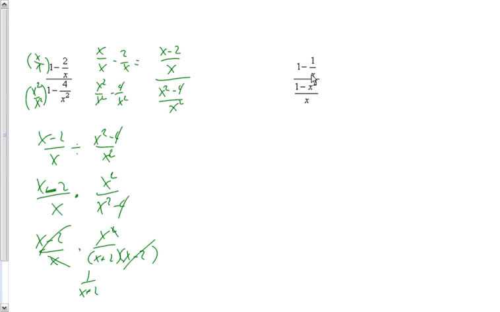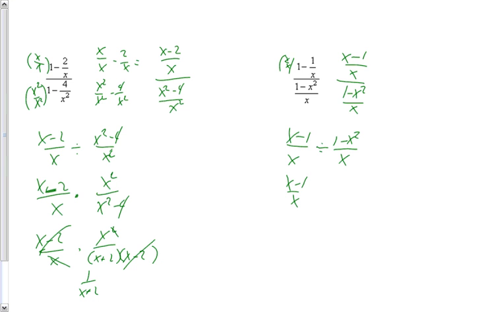Over here you can see we have a situation where all I've got to do is find the top out. I'm going to multiply it by x over x. So I get x minus 1 over x. And the bottom is already a fraction, so I don't have to do anything. So I do copy as division. So write that as x minus 1 over x divided by 1 minus x squared over x.